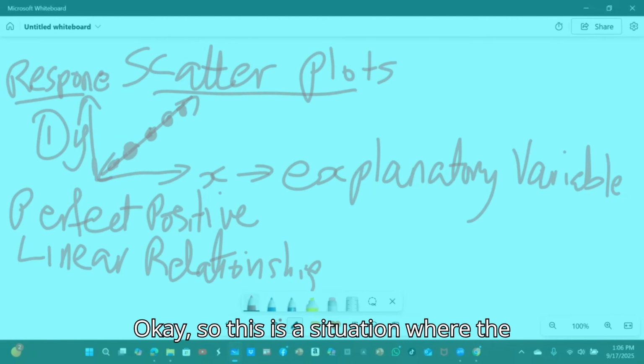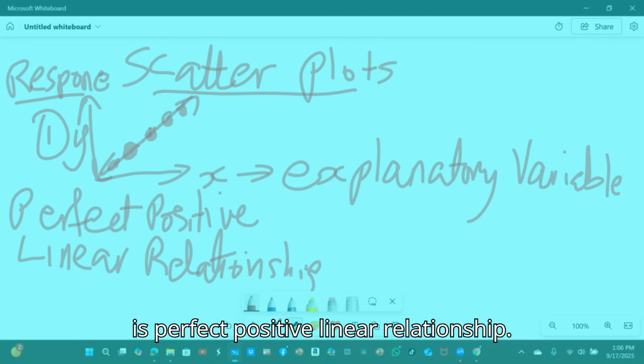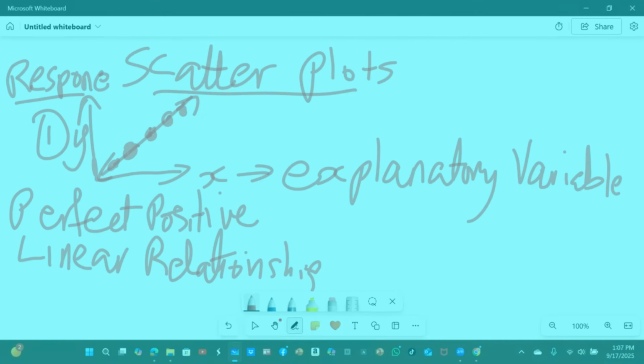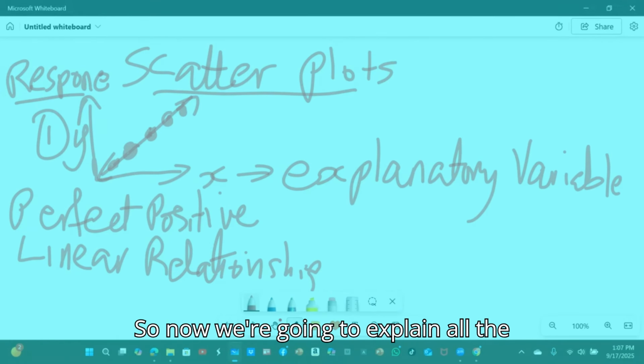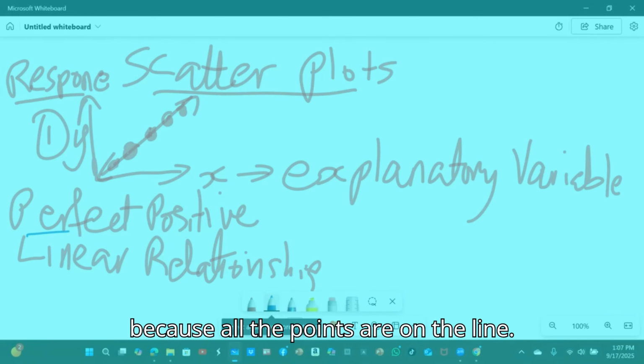So this is a situation where the relationship between x and y is a perfect positive linear relationship. Now we're going to explain all the words. Perfect, because all the points are on the line.